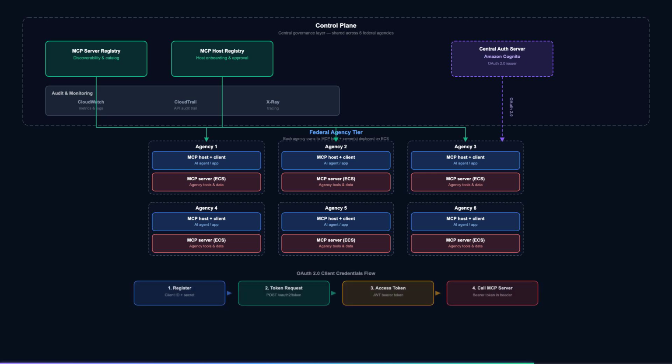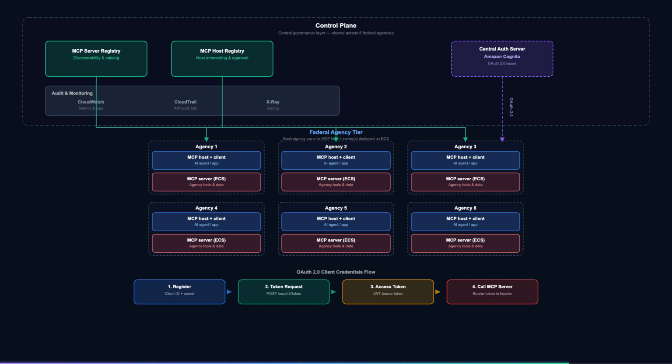Last but not least, we also need to look at the OAuth 2.0 client credentials flow, and it's important to understand. When the host registers in the host registry, you also want to register it as a client in Cognito. This gives you a proper client ID and client secret. Think of this as the identity of your host. This is used when you call the MCP server.